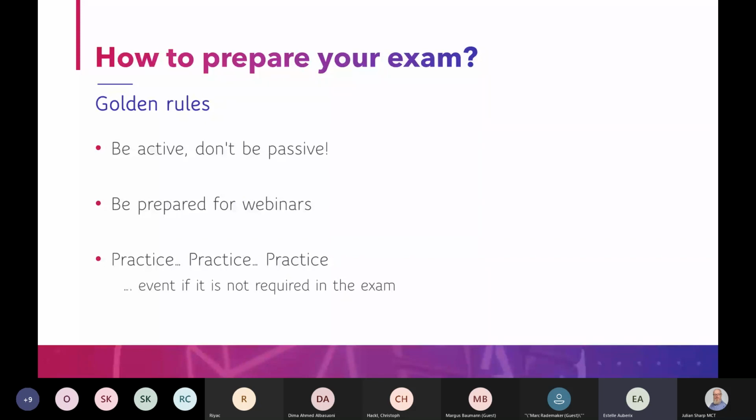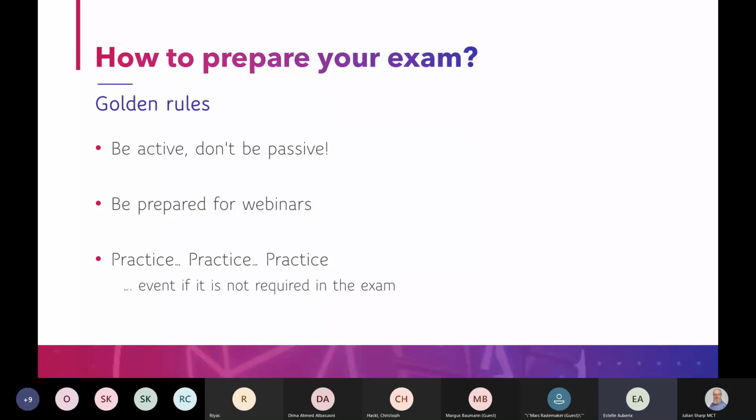And then the third rule, which is related to the first rule: practice, practice, practice. I saw one of my colleagues giving the same advice. And why do I say practice, even if for the fundamentals exam there's no lab, so you're only going to have questions?